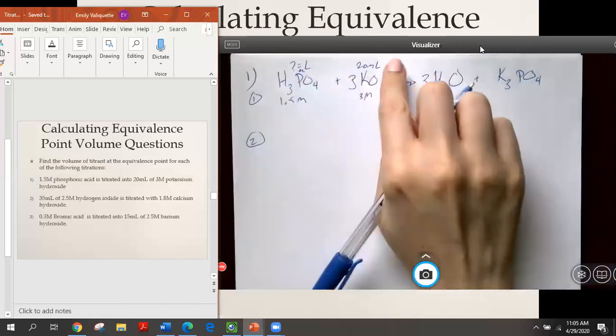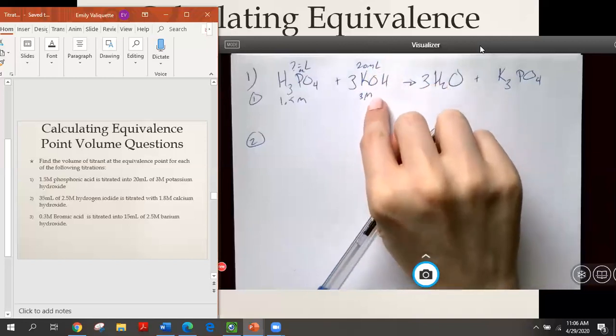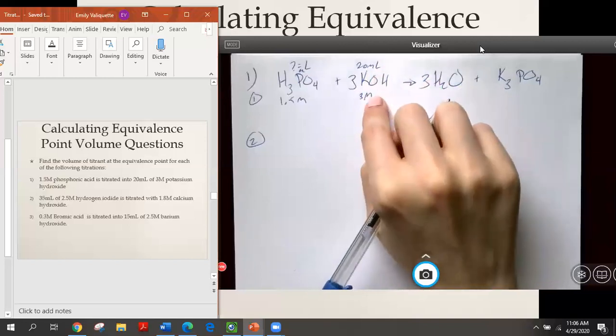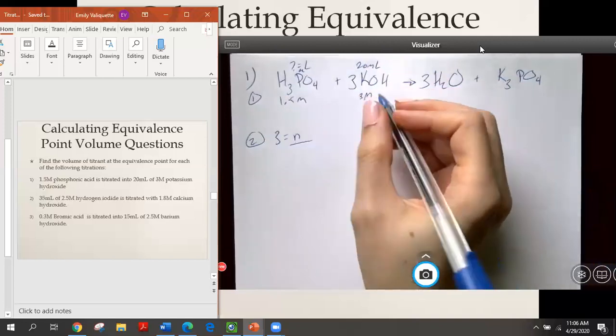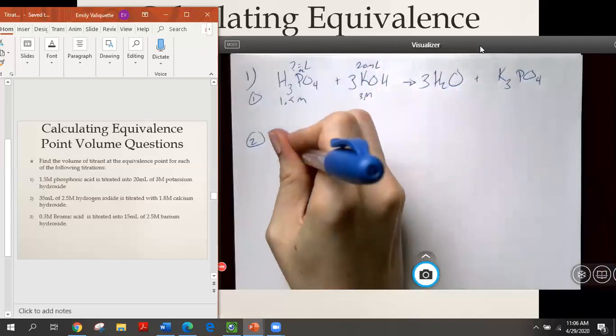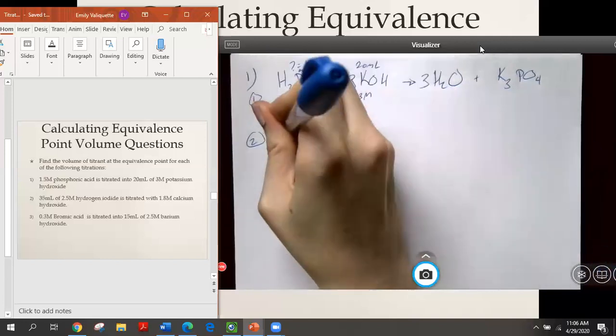Step two, we'll do C equals n over V, again, just starting with whichever one it gives us two values for. So C equals n over V, don't forget to turn your 20 milliliters into 0.02 liters, and then multiply.